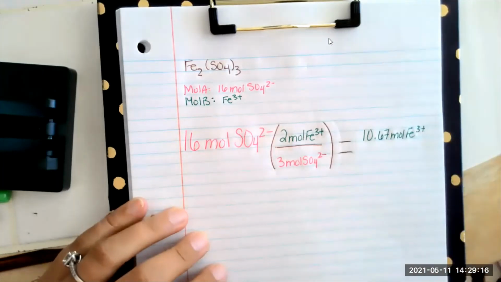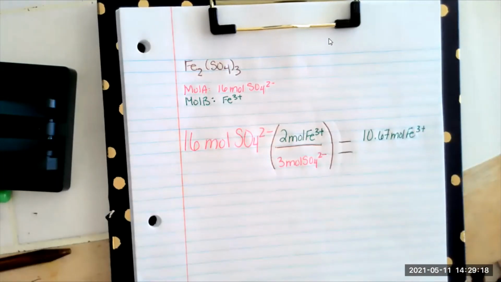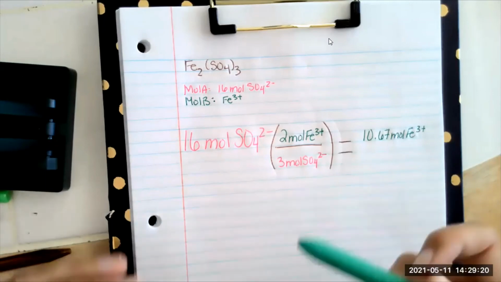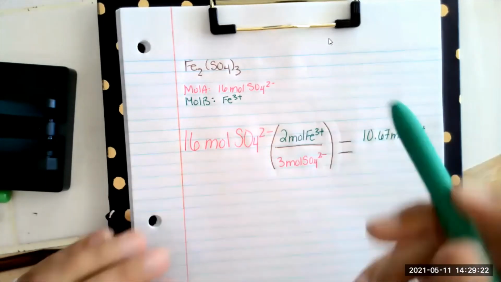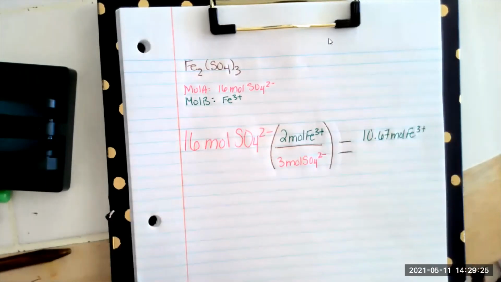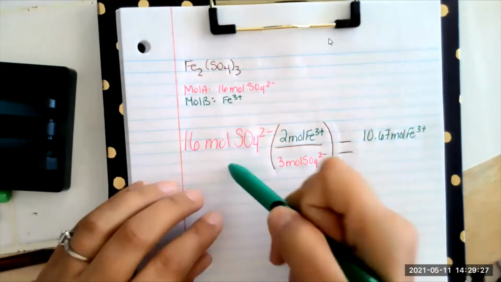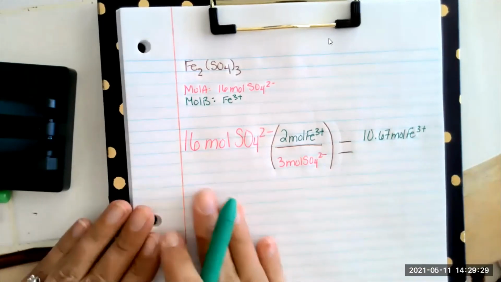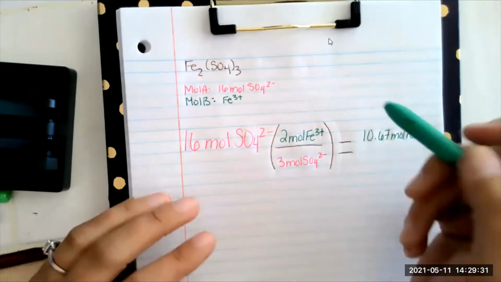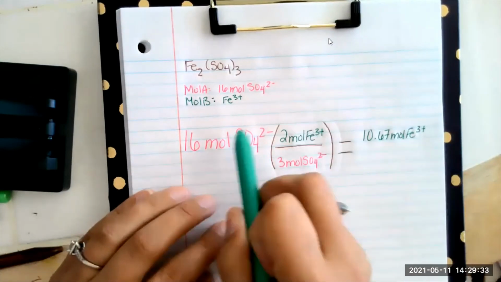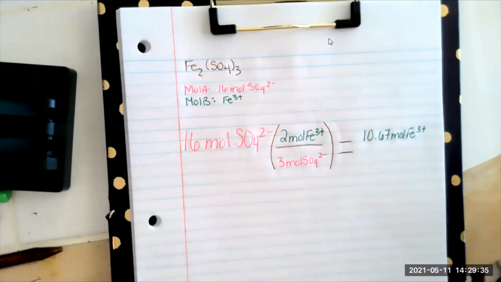And please remember, although we never will have uneven moles in a mole ratio, you can have uneven moles going in and partial moles coming out because you're determining how much you actually need to have 16 moles of sulfate.